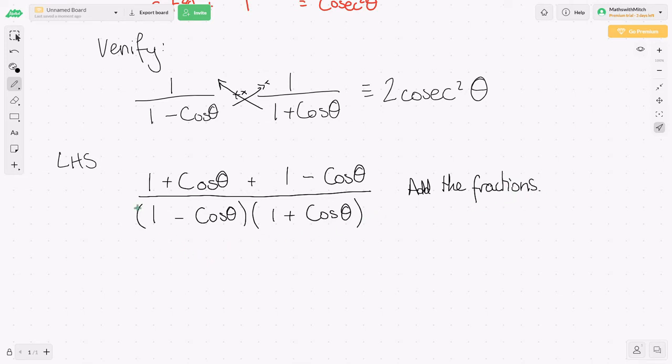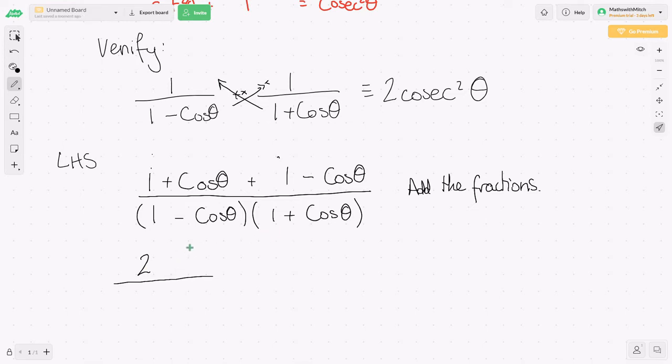And now if I can simplify that down, so we can get one single term on the left-hand side and then look if we can get that in the form of something in the identities. So we have a 1 and a 1, so we're going to have 2 on the top. Then we've got a plus cos theta and a minus cos theta. So that's it. That's all we've got on the top there.